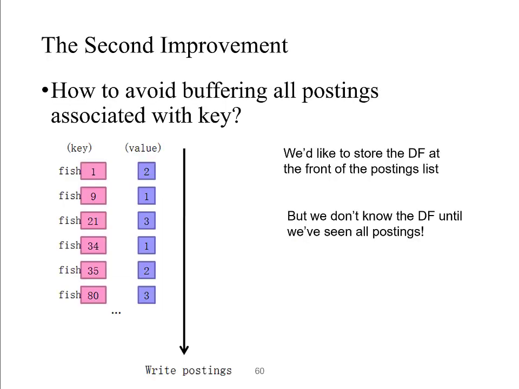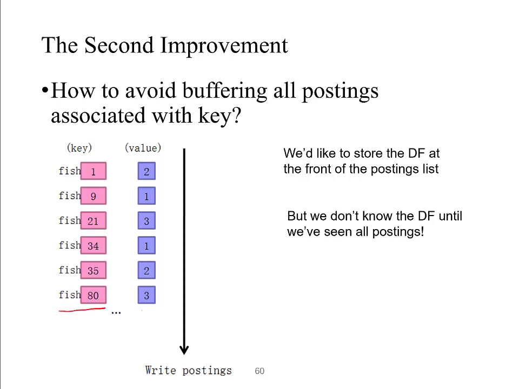So this is the first improvement, and now for the second improvement. If you remember, in order to compute DF, the document frequency, we need to buffer all the postings associated with the key, and then compute the document frequency.